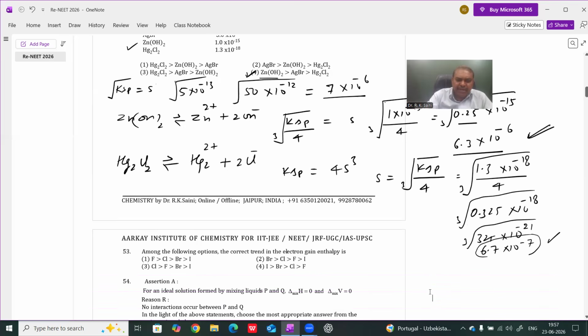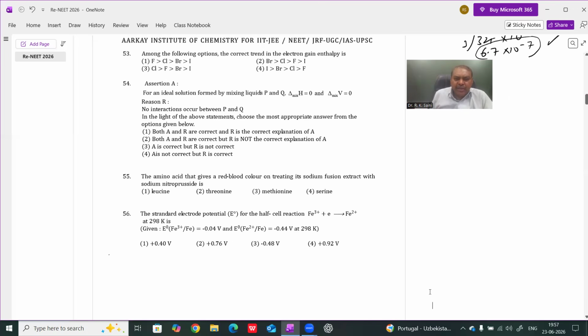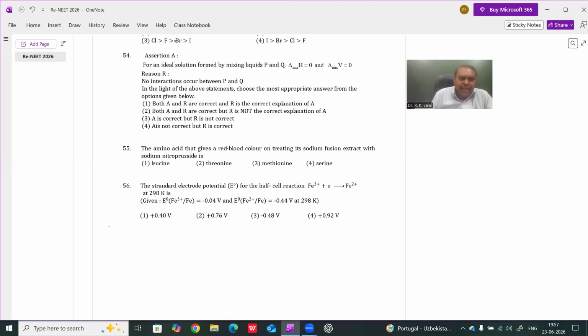A very simple and straightforward question taken from the periodic table. Among the following, the correct electron gain enthalpy. We know that the electron gain enthalpy of a second period element is less than the corresponding third period element, because the size of second period elements is much smaller with high electron density.